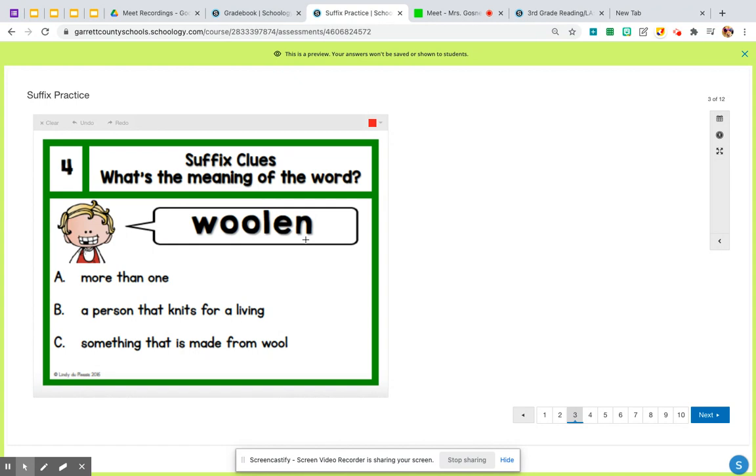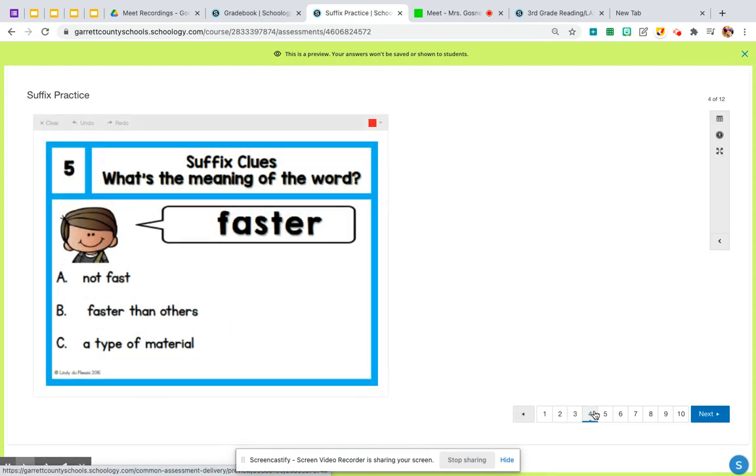So tell me, does woolen mean more than one, a person that knits for a living, or something that is made of wool? Again, you have 12 of these, and make sure you take your time and you are circling one answer for each word. And that concludes our reading lesson today. Take care.